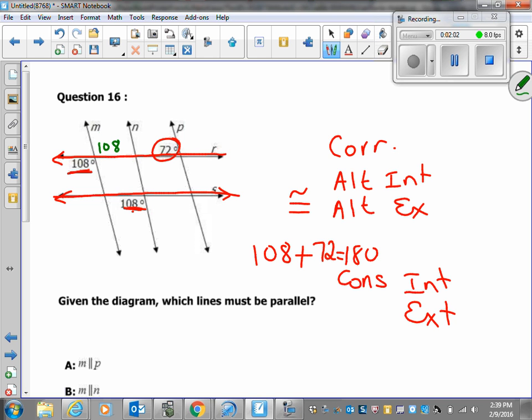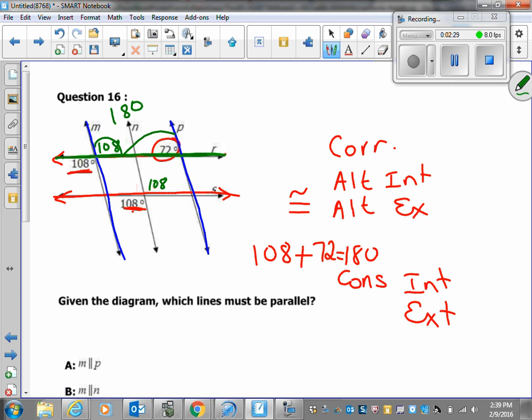Because they're vertical angles. Looking at it, R is a transversal, and you can tell that M and P and the transversal R are creating the two angles, the 108 and the 72, which add up to 180.